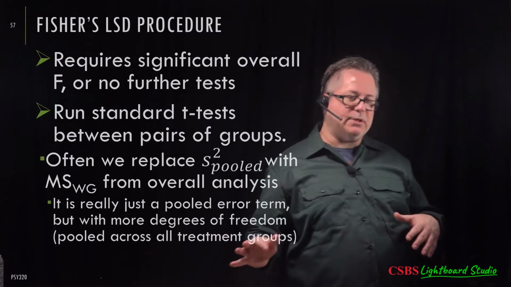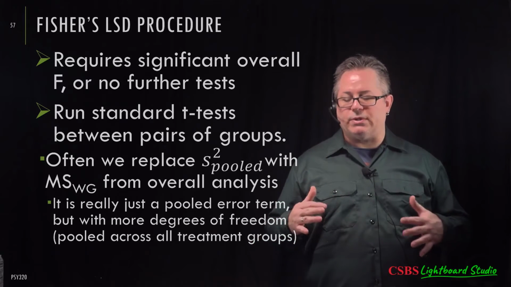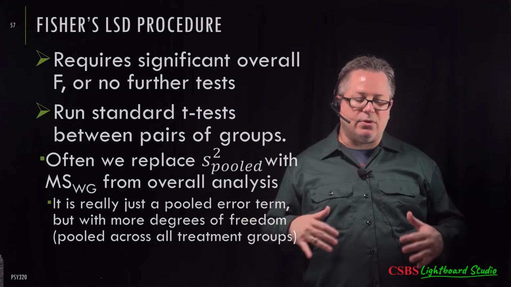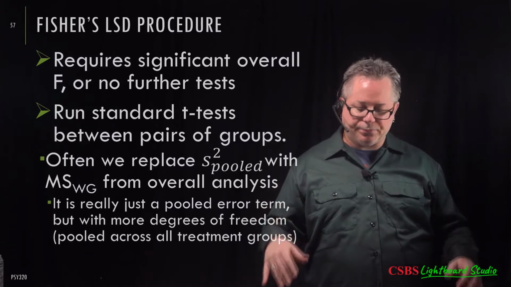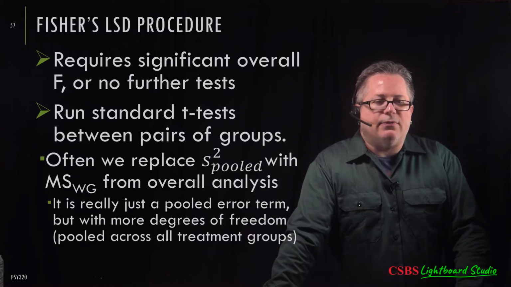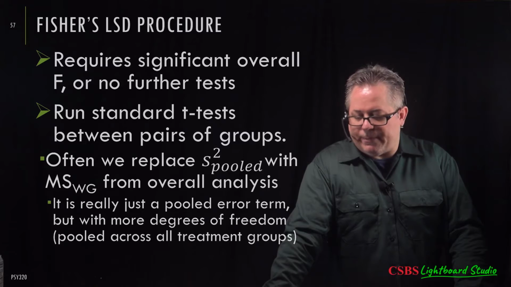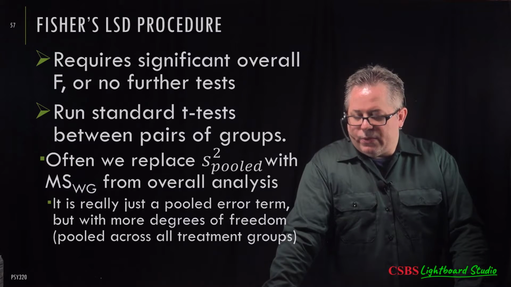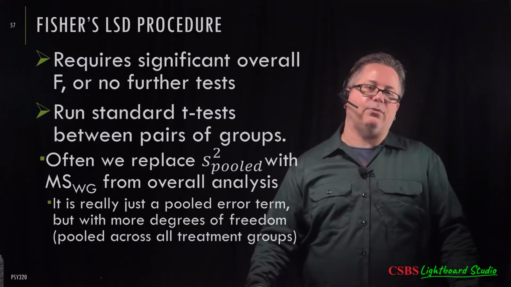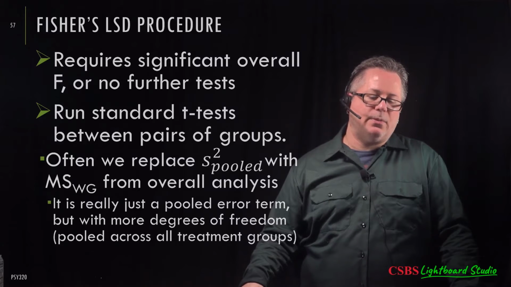So there's a couple things about that. You have to have an overall significant ANOVA, and then you're assuming you're doing all these tests. So let's further control the alpha level for each test so that we're not inflating type 1 errors, not inflating alpha. The Fisher's LSD procedure takes a slightly more liberal approach. We get a significant overall ANOVA, which tells us there's a group difference somewhere, and that ANOVA controls for the overall alpha level.